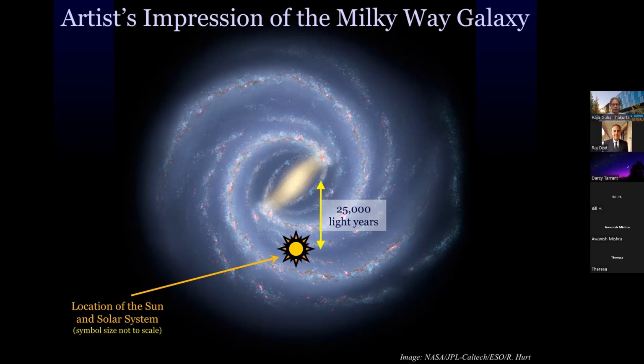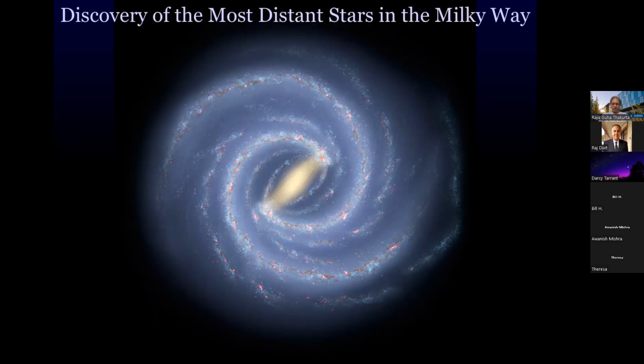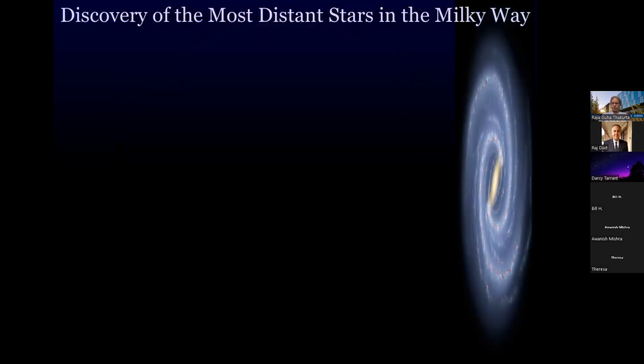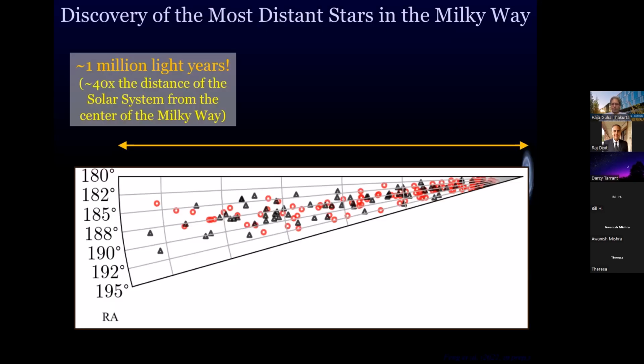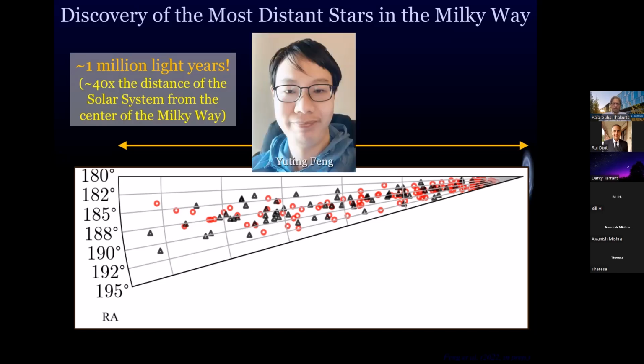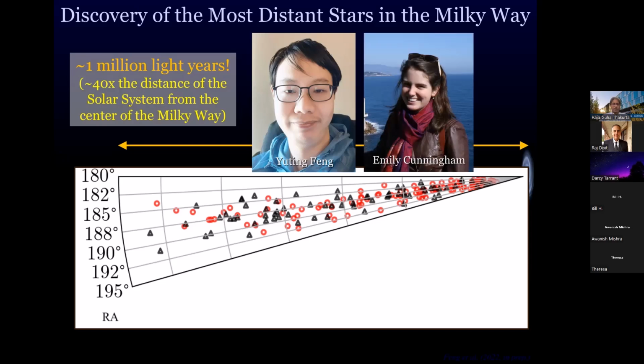Now I'm going to remove these symbols and turn our galaxy on its edge and shrink it just to fit everything onto the page, so I can show you a map of how far away from this galaxy we've discovered RR Lyrae stars. These stars were discovered by my PhD student, Yuting Feng, and we're studying them with the help of one of my other former PhD students, Emily Cunningham.